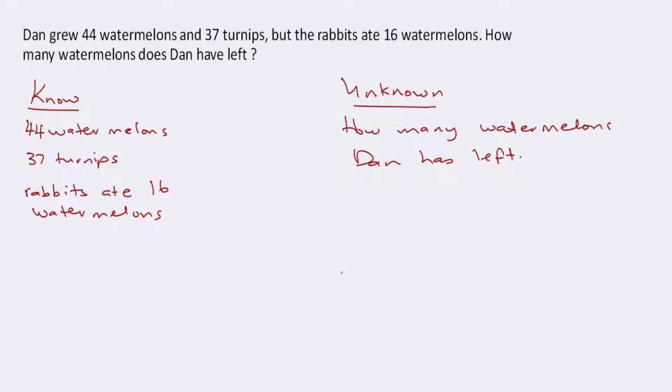We want to find the keyword that is going to lead us to a subtraction. The keyword here is left. We have 44 watermelons because the focus of the question is on watermelons. We have 44 originally, and the rabbits ate 16.